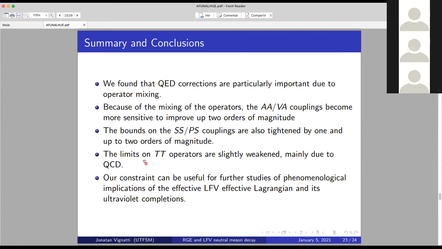QCD has one-loop corrections, so this just has diagonal matrices, and the correction is just multiplication by numbers. So the operators are slightly weakened. Our constraints can be useful for further studies of phenomenological implications for the effective lepton-flavor-violating theories, and their ultraviolet completion. So thank you for listening.